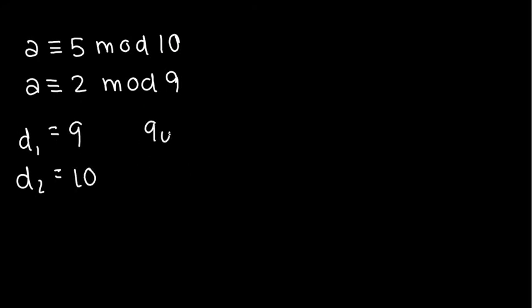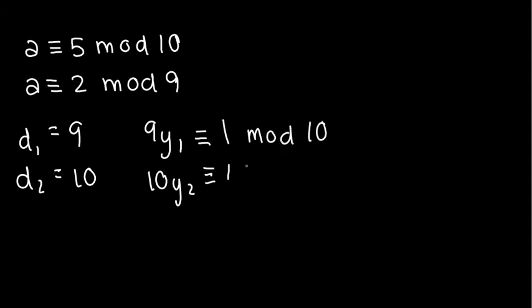Then we have to do 9y1 congruent to 1 mod 10, and 10y2 congruent to 1 mod 9. Y2 must be equal to 1 because 10 is equal to 1 mod 9. And y1 is equal to 9 because 9 times 9 is equal to 81, divided by 10 is 8, remainder 1.